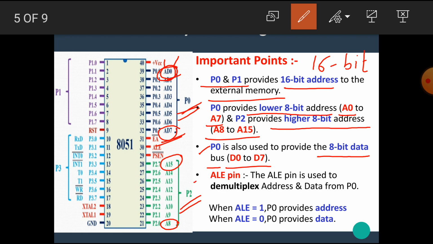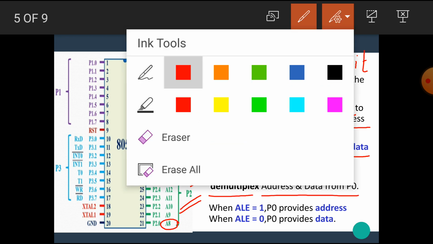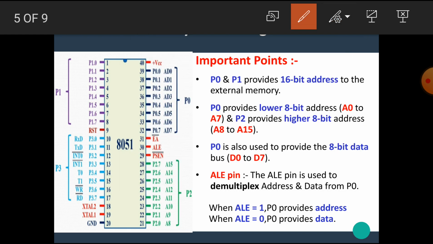The ALE pin. ALE stands for Address Latch Enable. The ALE pin is used to demultiplex address and data from port P0. Here AD0 to AD7 is written, that means port P0 provides both address and data. But to demultiplex this address and data, the ALE pin is used.